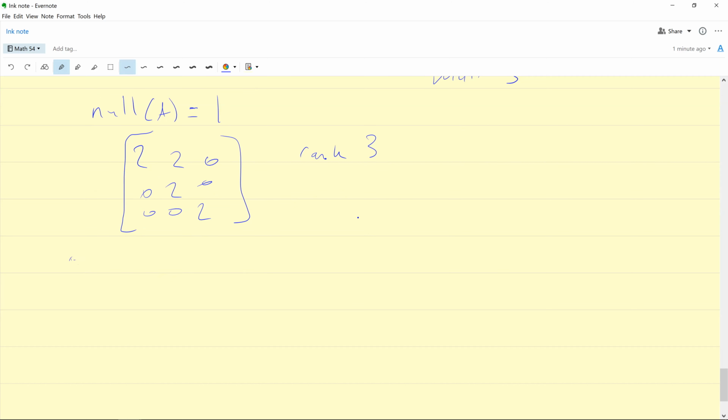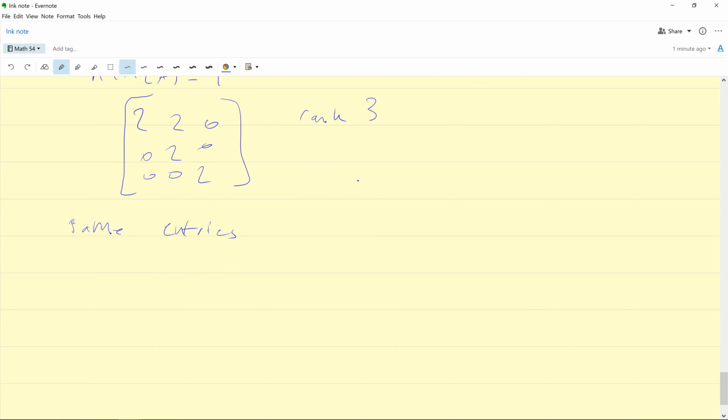So we do want the same entries on the diagonal. That's part of why this matrix is a good start. Could you do zeros all along the diagonal and then non-zeros in 2 other spots? Right. So we could take something like this.